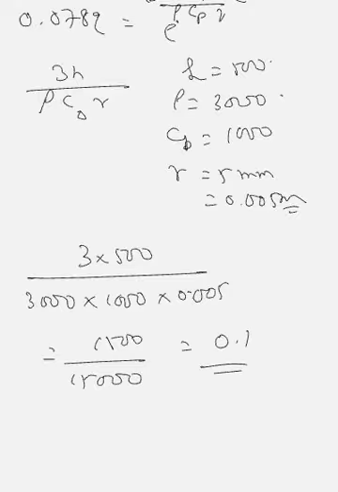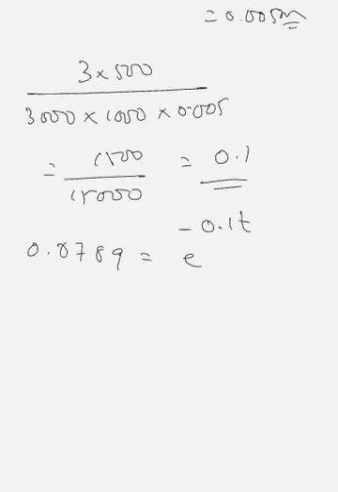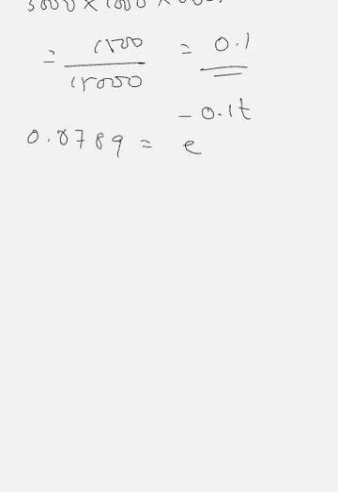So the equation reduces to 0.0789 is equal to e to the power minus 0.1 t. Okay, now take the natural log. So taking natural log on both sides, we get natural log 0.0789 is equal to minus of 0.1 t.